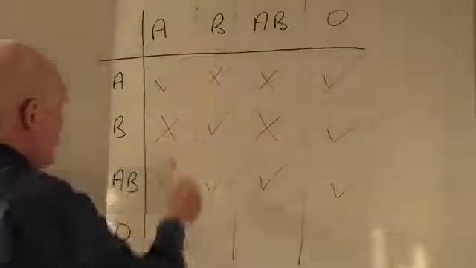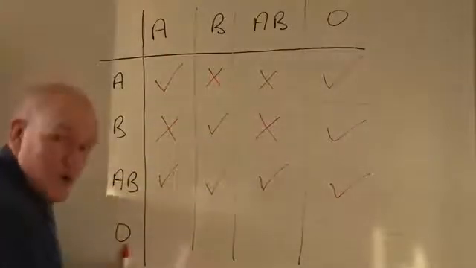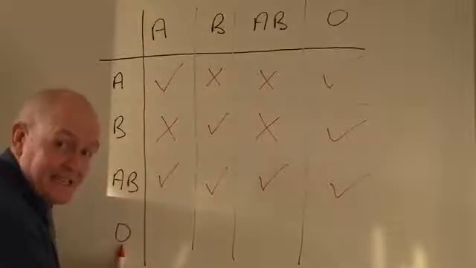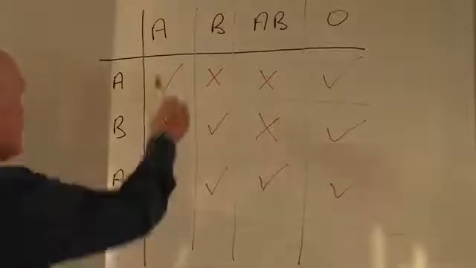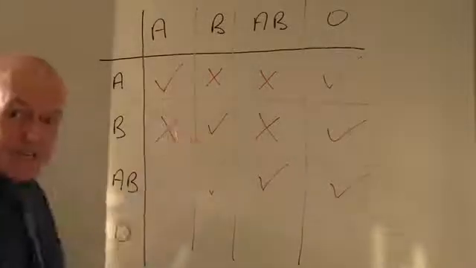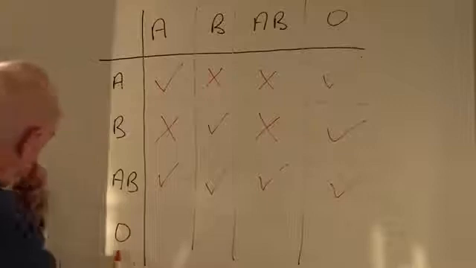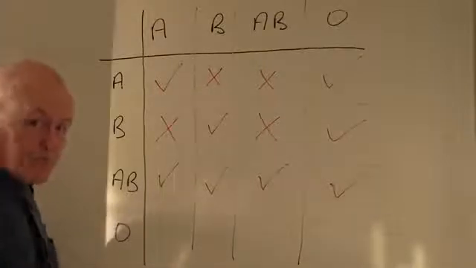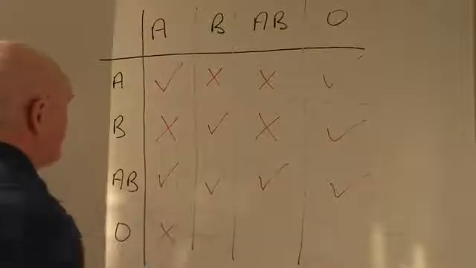Now if A gives to O, in O blood there is going to be anti-A and anti-B antibodies, so the A antigens will be agglutinated by the A antibodies in the group O recipient's plasma, so we can't have that.